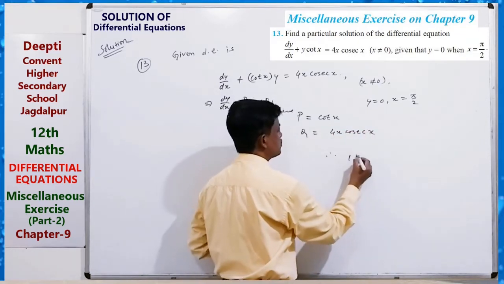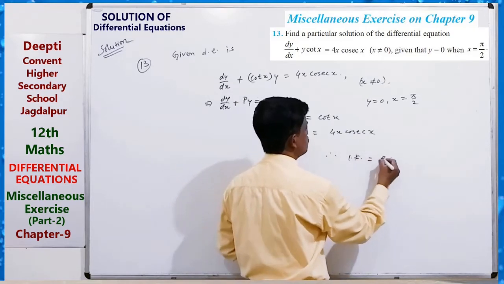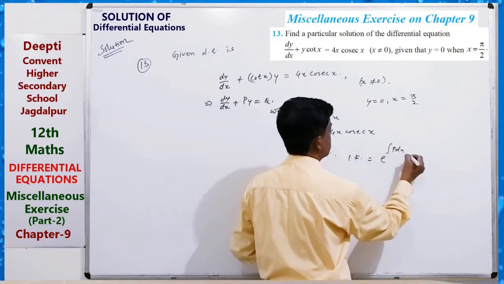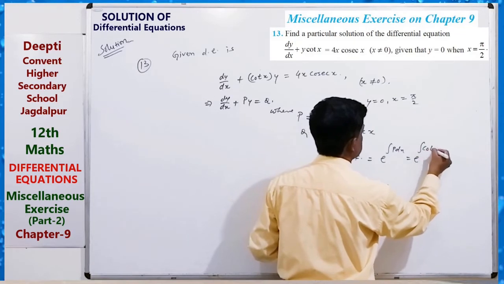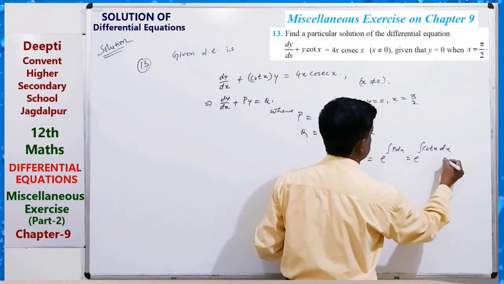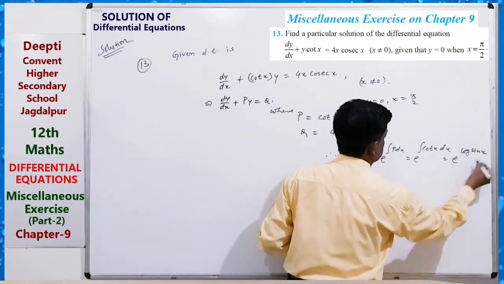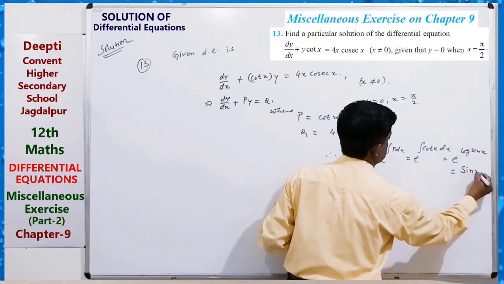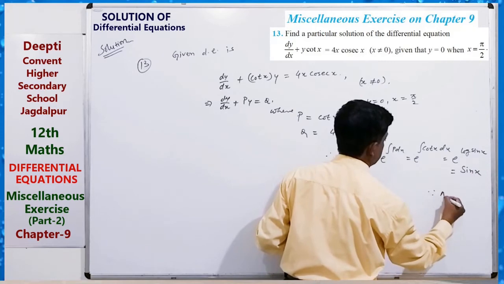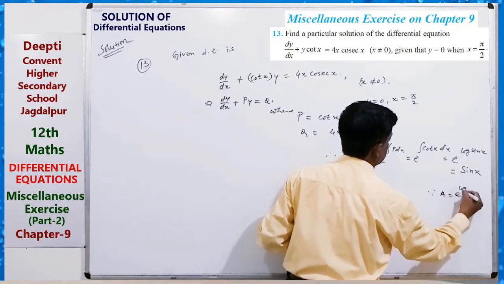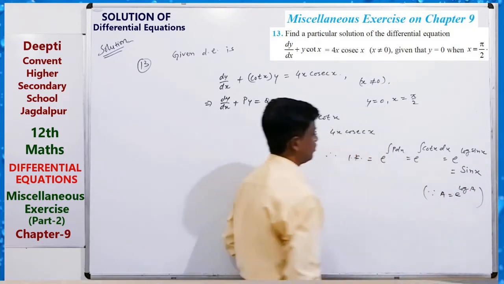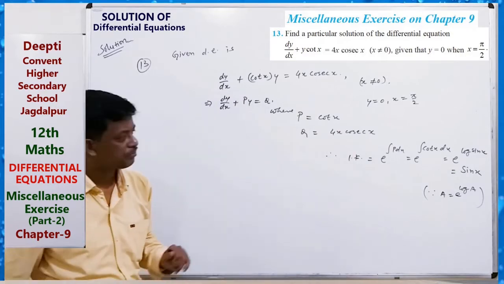Therefore the IF equals e to the power integration of p dx, e to the power integration of cot x dx, e to the power log sin x, which equals sin x, since e to the power log a equals a. Sin x is our IF.